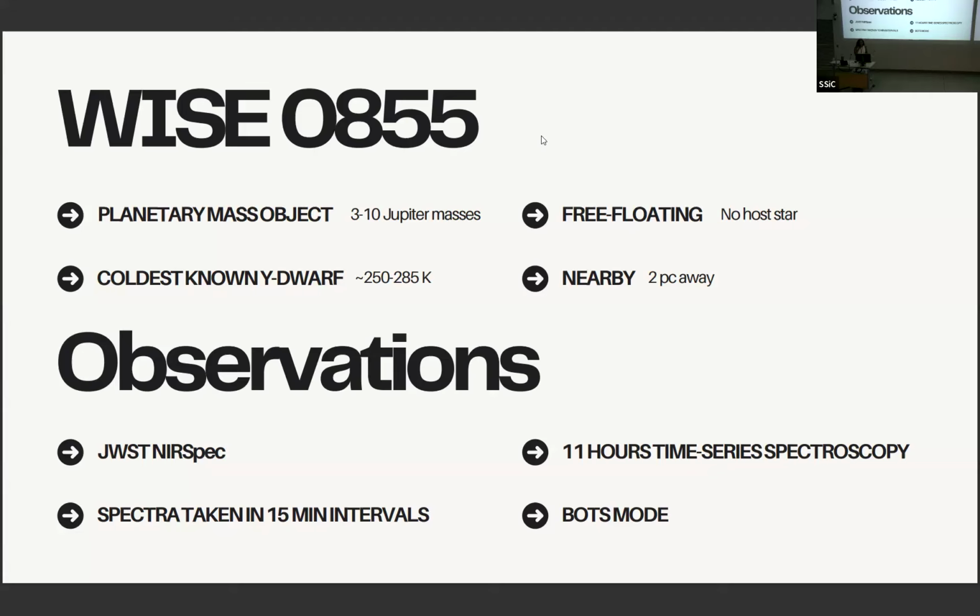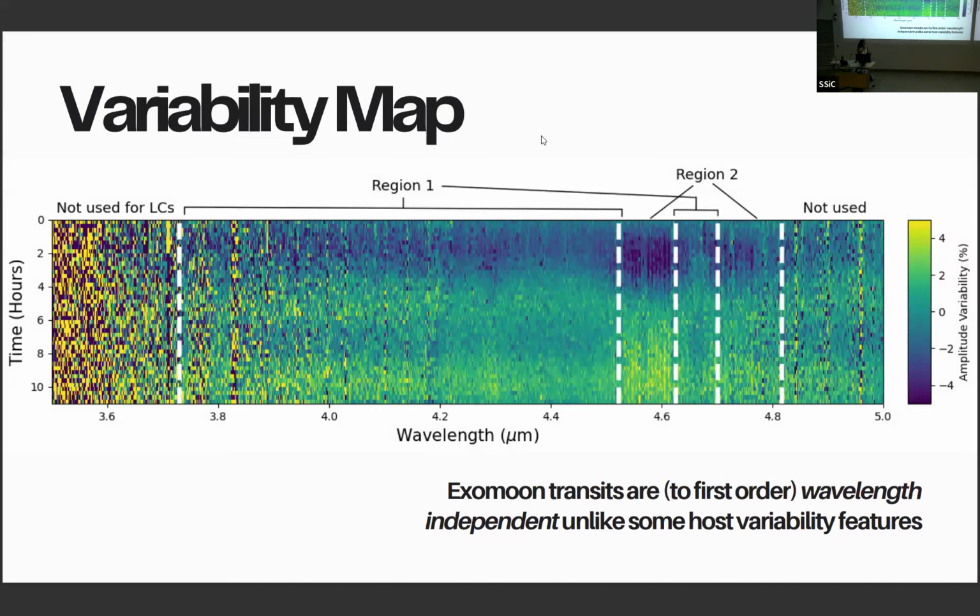And so in terms of observations, we have 11 hours of time series spectroscopy with JWST NIRSpec. And something that we're going to use to our advantage is the fact that the light curve information we have is spectrally resolved. So like I said, this object is very cold, and so there are expected to be clouds.